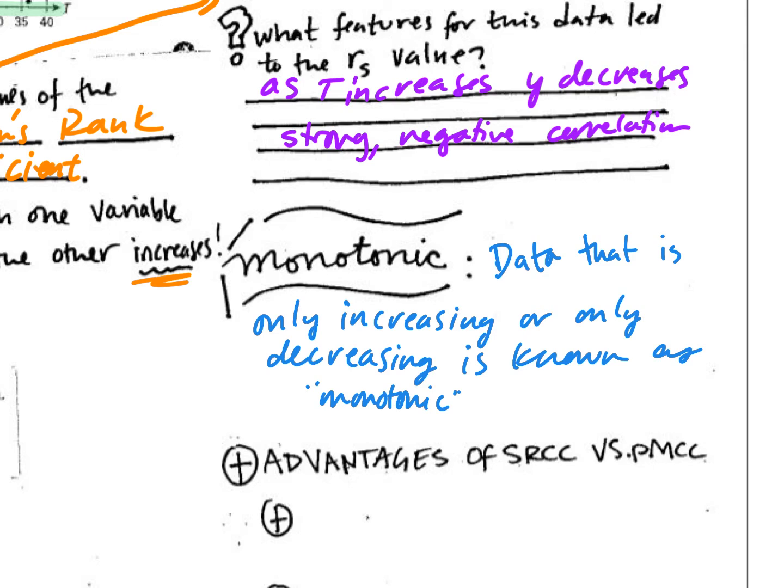So when we have R sub S equals -1, this is monotonic, for example.